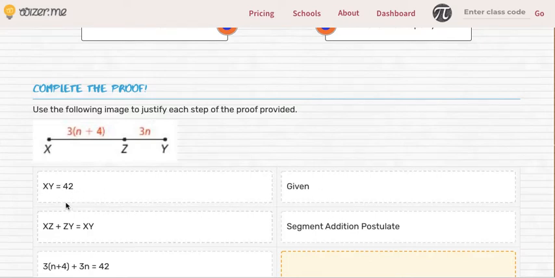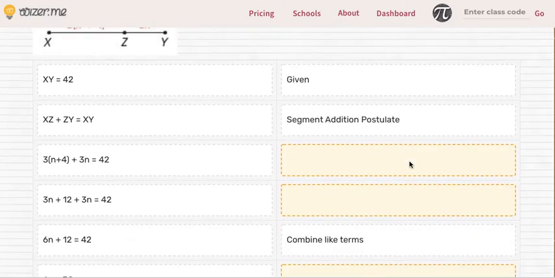And we also see in the picture that XZ, the first segment, plus ZY, the second segment, is equal to XY, and that's the segment addition postulate. That's also been given to us.